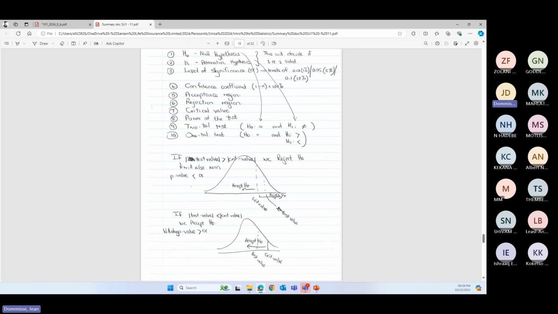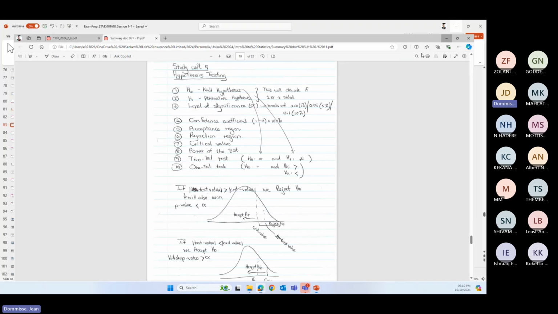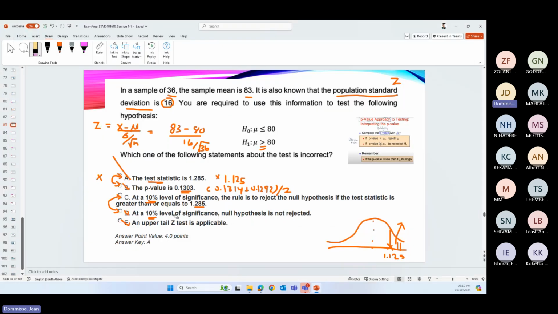That's what happened now, but that will also mean that your p-value is greater than that. Okay, so I will share this again, because the critical value is the one that goes with the level of significance.